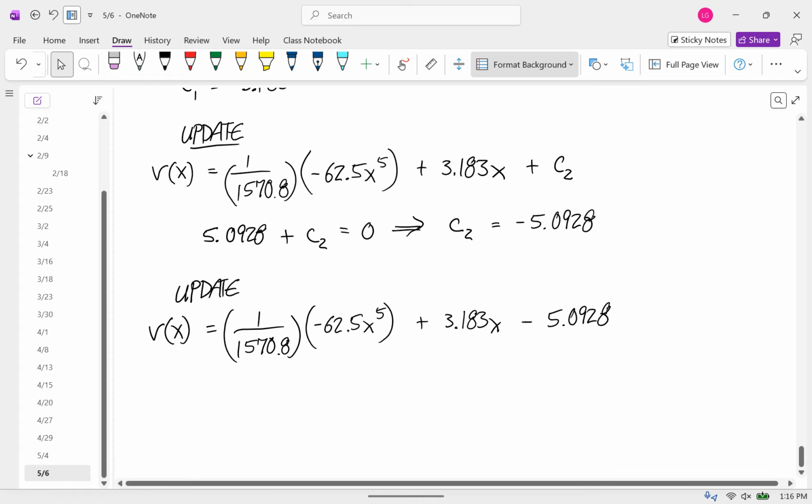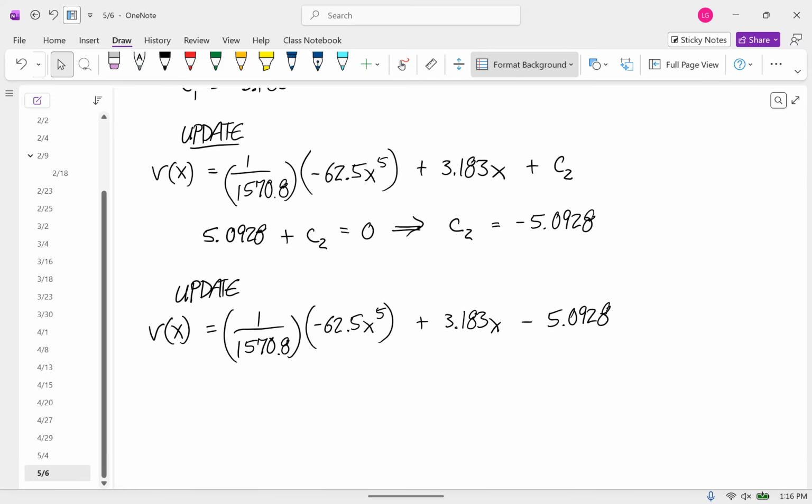And now we want to know the deflection at x equals 0. And what we get is that something went wrong because this is equal to negative 5.0928, which is longer than the length of the beam.